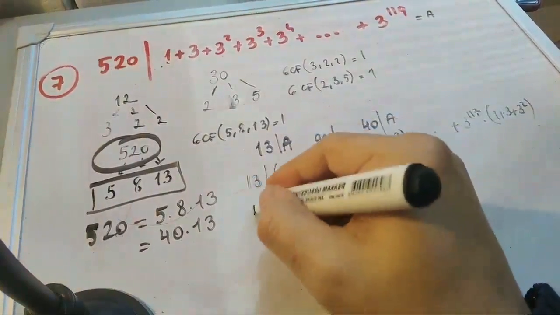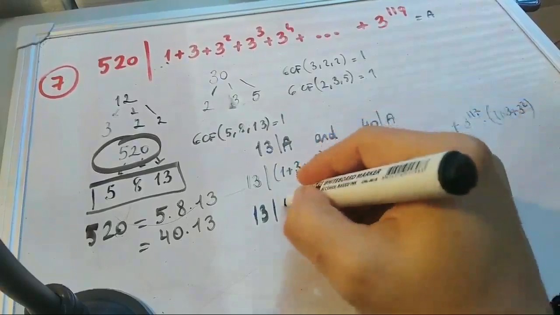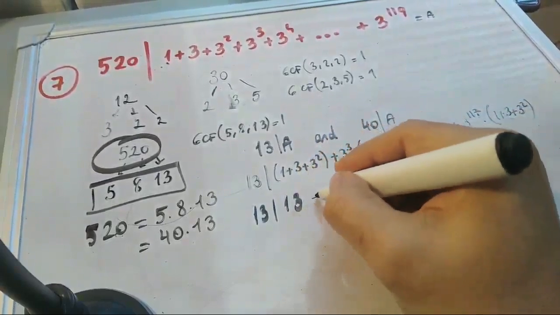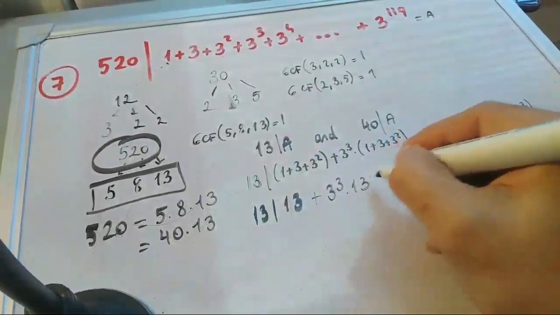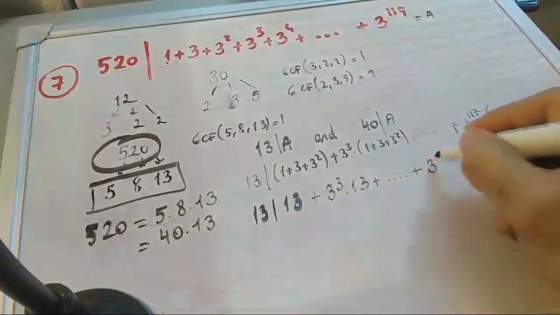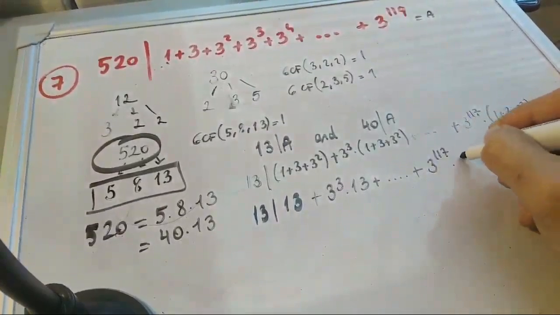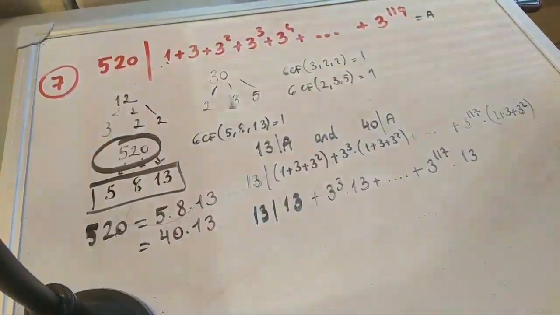So 13 divides 1 plus 3 squared, which is 13, plus 3 cubed times 13, till plus 3 to the power of 117 times 13. 13 is a common factor.